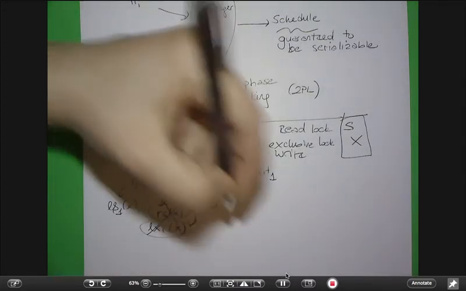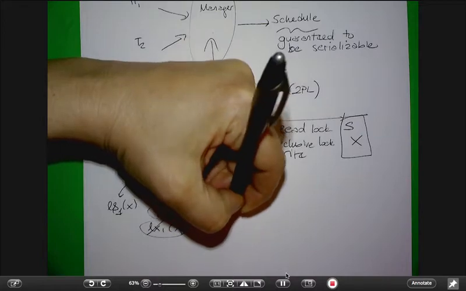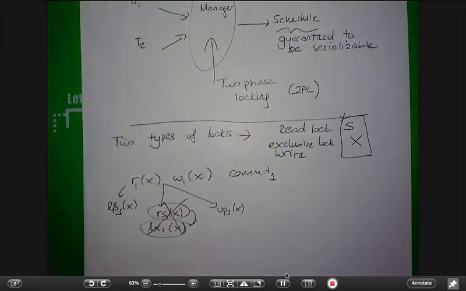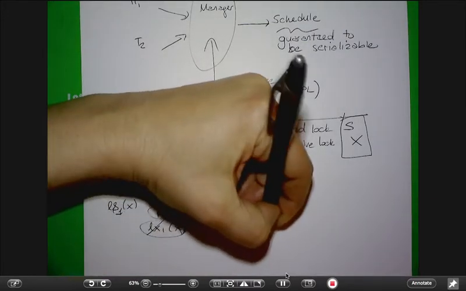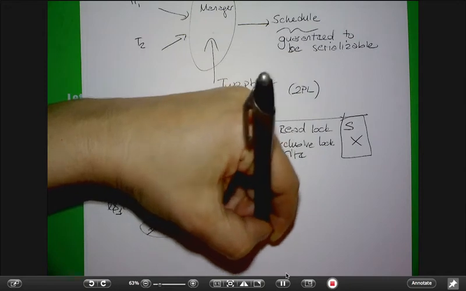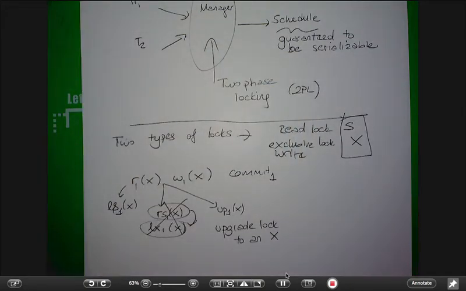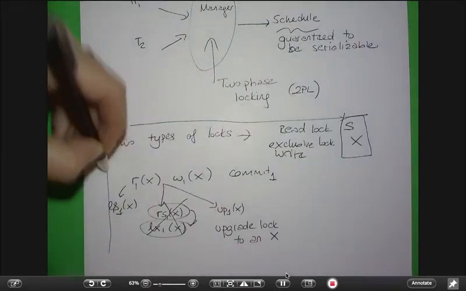So what you can do is upgrade the lock to an X without releasing the shared lock. So just change it from shared to exclusive. Then you can do write X, and then you can commit. So this schedule is possible under this rule.